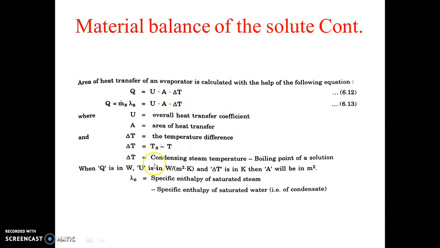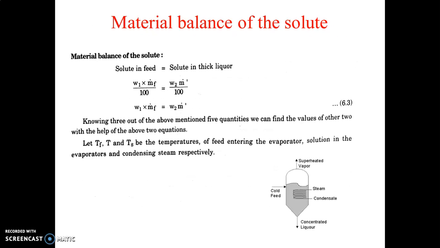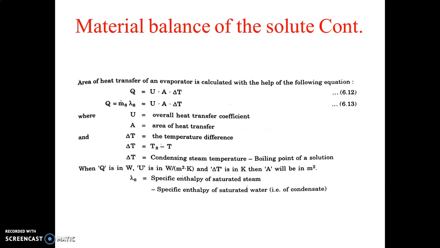But this temperature difference is important. What is that temperature difference? It is Ts minus T. That means condensing steam temperature minus boiling point of the solution. So this gives the delta T. Okay. So the temperature parameters are important here. You must be clear about what is meant by T, what is meant by TF, what is meant by TS, and what is meant by delta T. Okay.